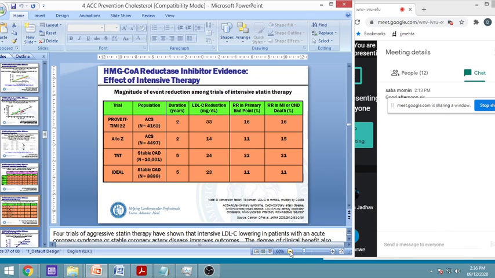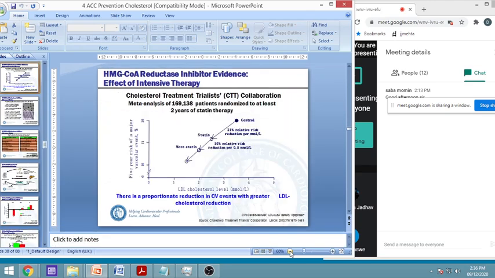It has reduced by 16%, then 11%, 22%. You can see the very good rate there, and the relative rates in MI or CHD death have reduced by 16%. So this is how it is beneficial: 16, 15, 21, 11. So these are the reductions this treatment has caused.